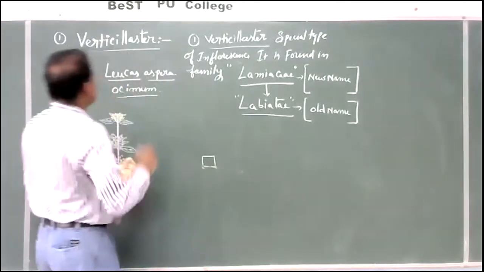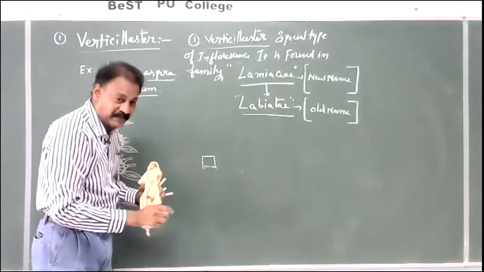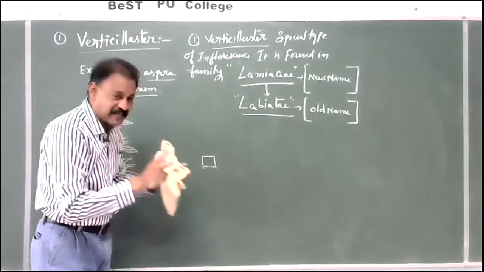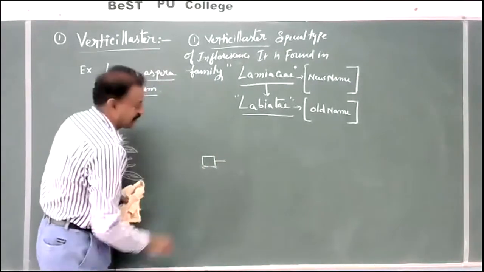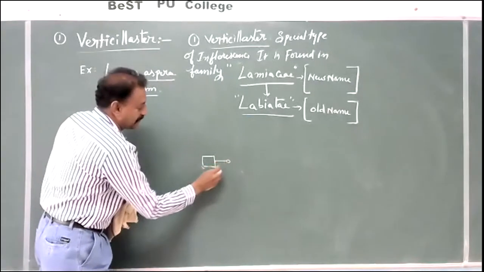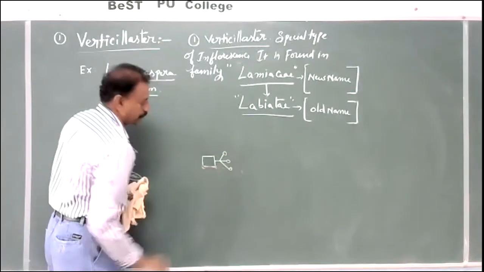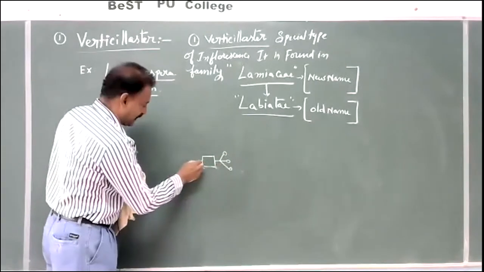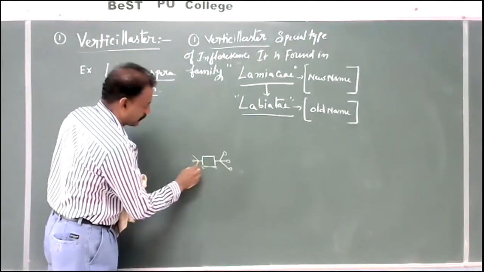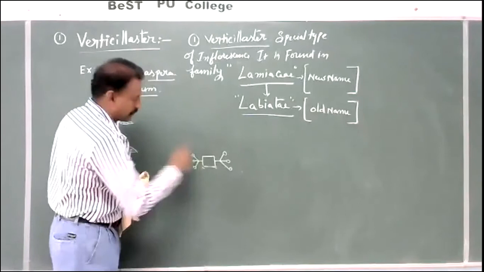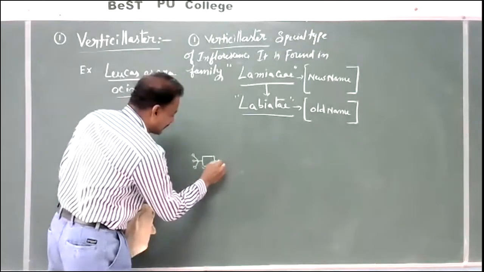The inflorescence verticillaster arises initially like a dichasial cyme. Dichasial cyme means always two. Initially, it arises like a dichasial cyme.